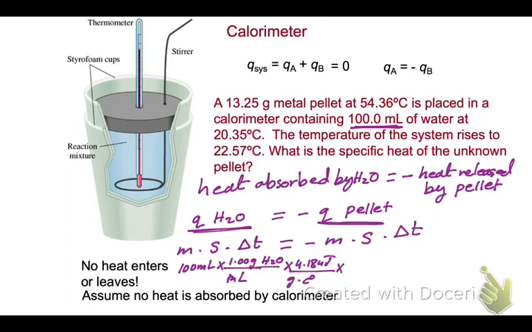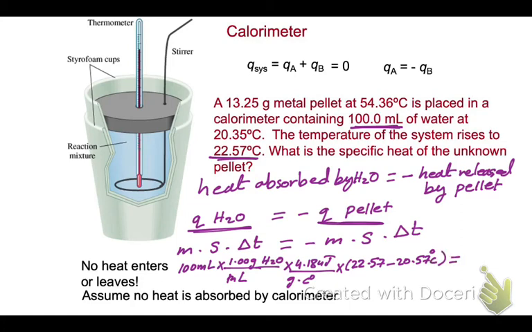What is delta T for water? The delta T for water is the final temperature, which here is 22.57, that's the final temperature that water did reach, minus initially water was at 20.57 degrees Celsius.